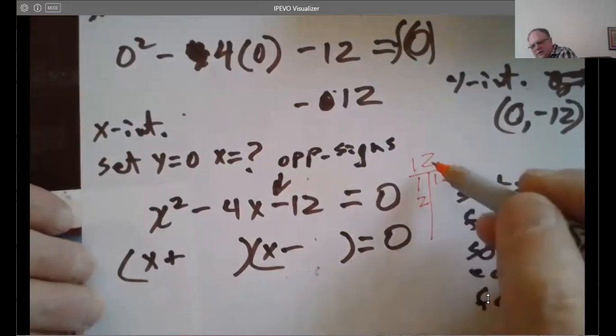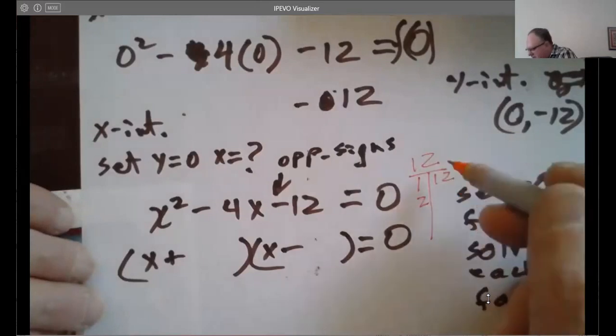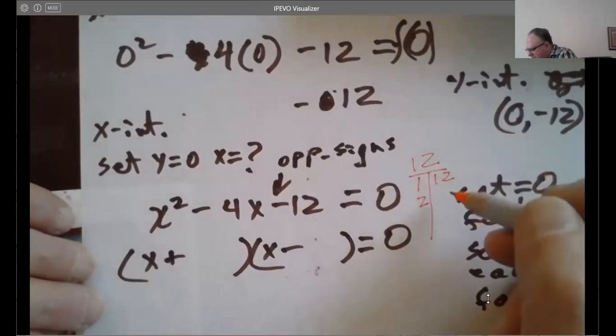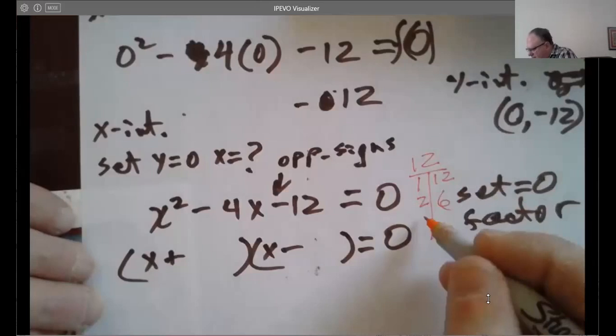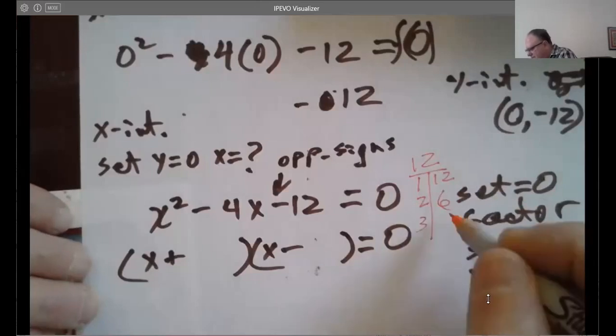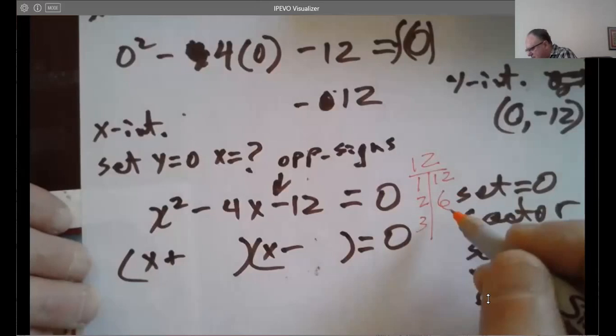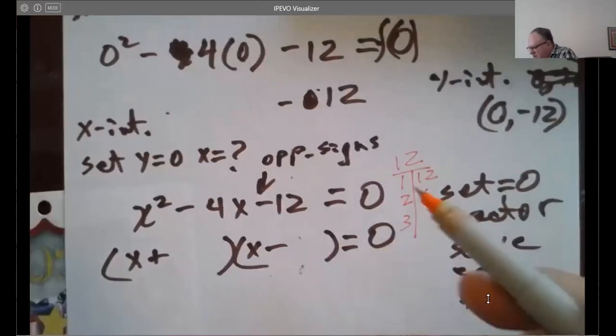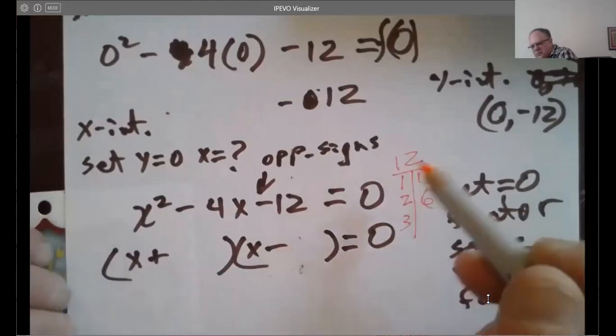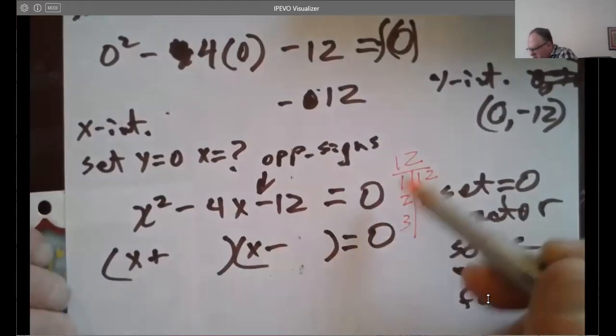2 and what are factors of 12? Well, 2 times what is 12? 6. Good. And then 3 and what? This one I want you to answer because this is probably the part where students have the most trouble with factoring, finding factors.